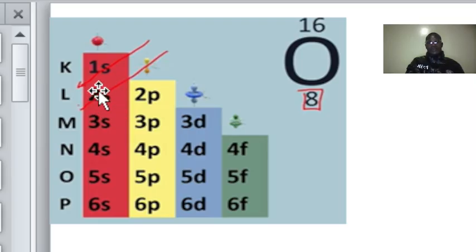This 2s will accommodate 2 electrons, leaving us with 4 electrons.